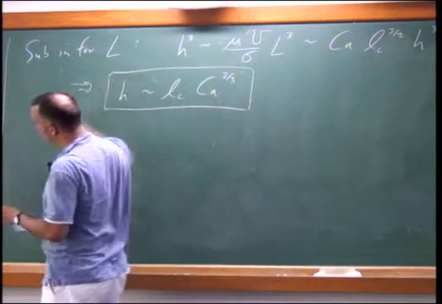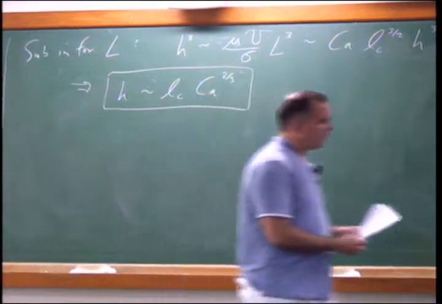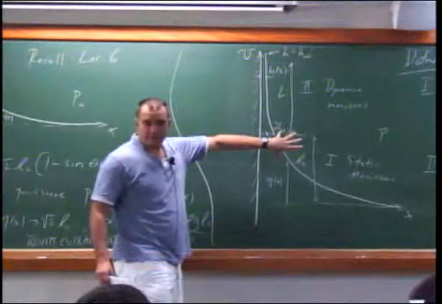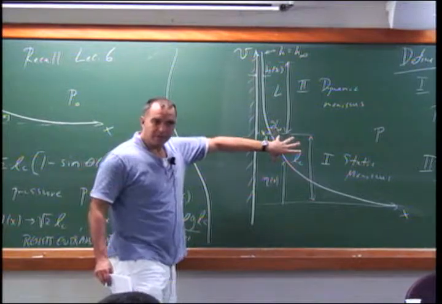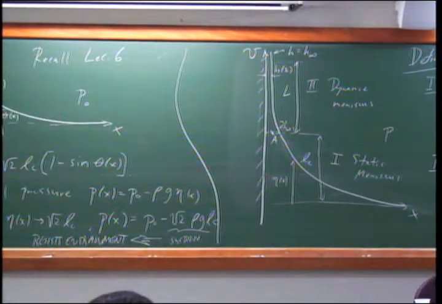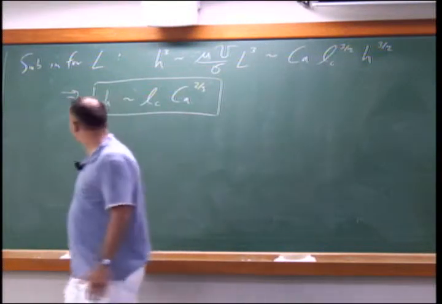So the important physics to get out of this is that what's resisting entrainment is this suction that we're getting from the meniscus, right? And so this changes the dynamics. So it's not simply the weight of the fluid, it's this capillary suction resulting from the surface tension.